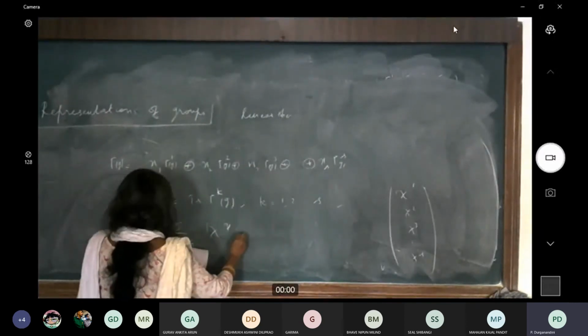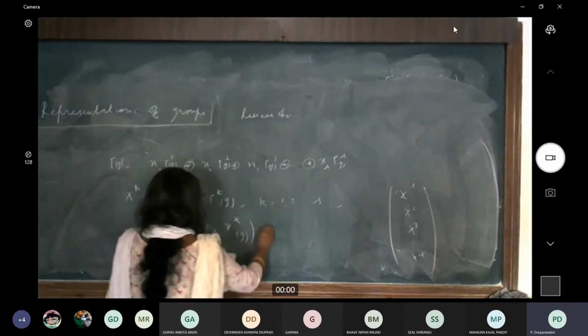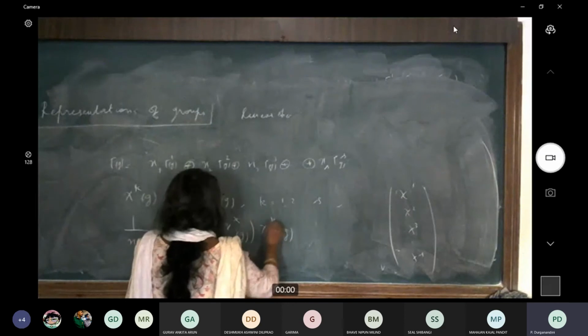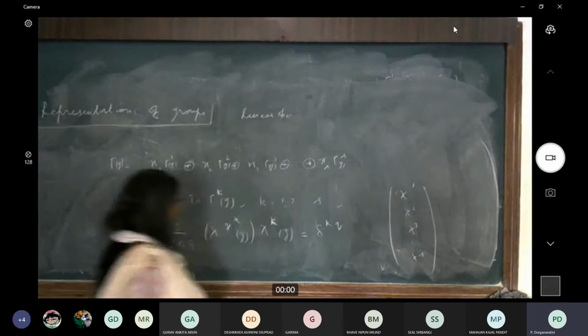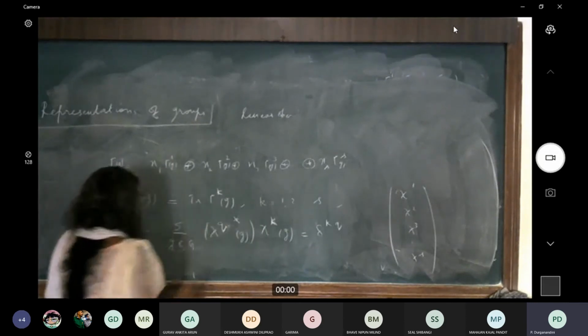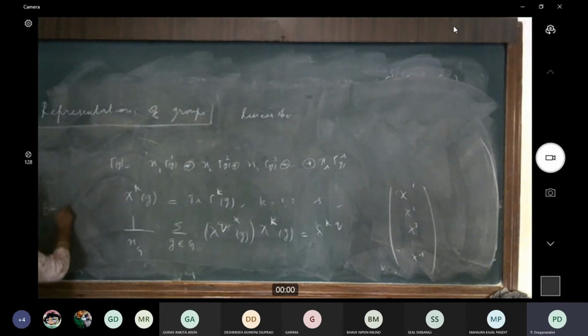Here N_G, for a finite group, is equal to the order of the group.